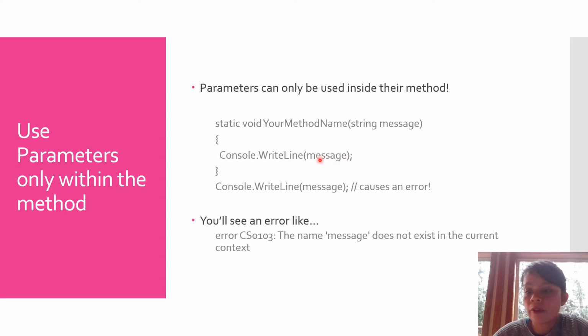And this is referred to only within the method, and the method is from here, this and this. So that is your method. Okay, so you can call message, and that message is a parameter that was defined in this method.